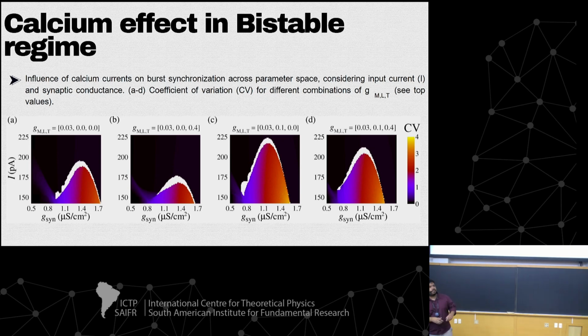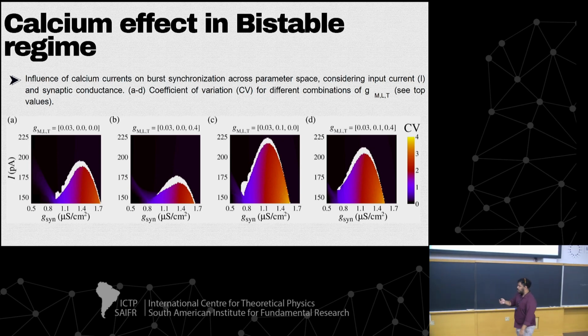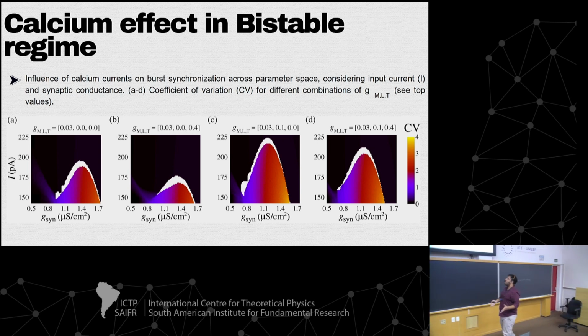If we have just the high threshold calcium dynamics on this panel, the bistability is facilitated. For more values of coupling and external input, we can get those bistable states more easily.